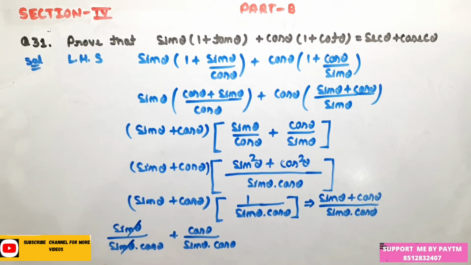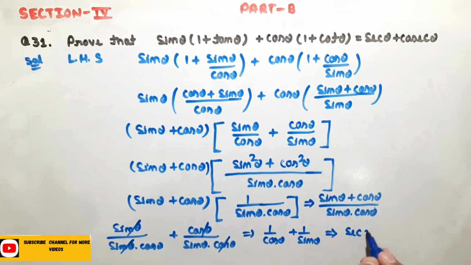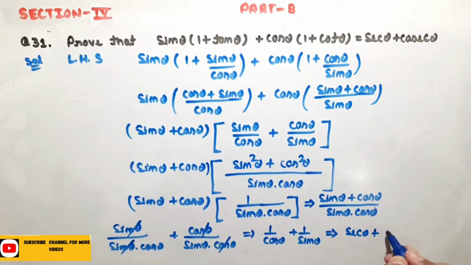Sin theta will be cancelled out, and cos theta will be cancelled out. So this will be equal to 1 upon cos theta plus 1 upon sin theta. We know that 1 upon cos theta is sec theta and 1 upon sin theta is cosec theta, that is equal to RHS. Hence proved.